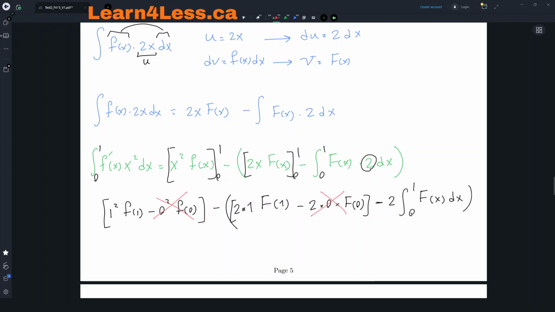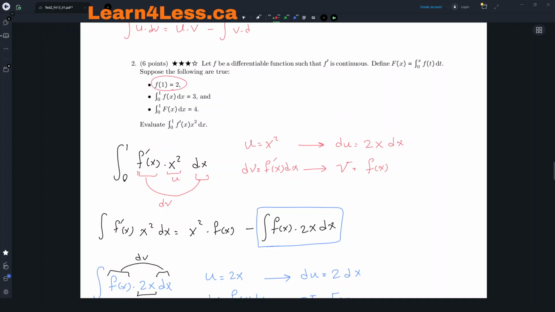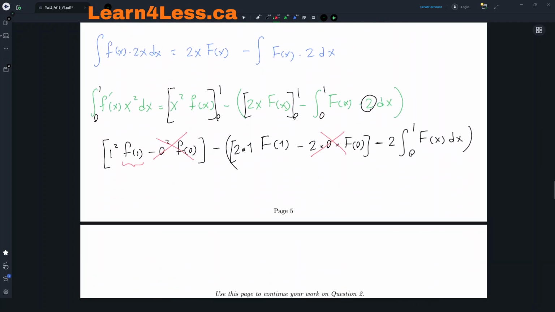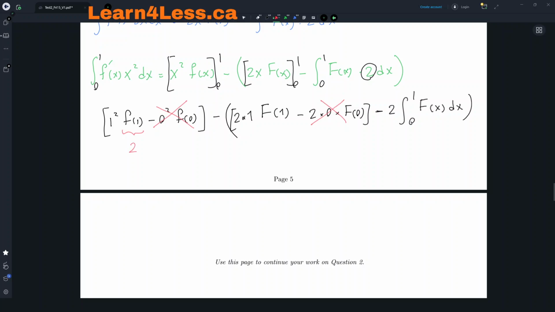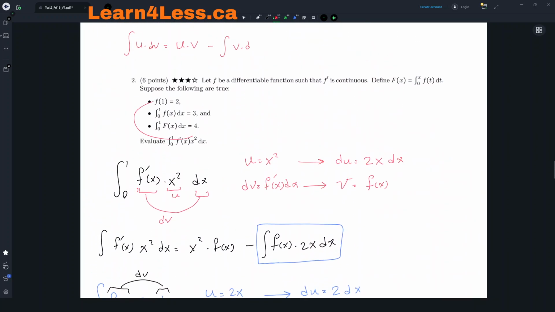And that's it. So what we need is f of 1. Let's see if that information is provided. Yes, f of 1 is 2. So I can simply plug in 2 here. What else do I need? I need capital F of 1. The capital F of 1 is not provided here, but let's see what that is. The capital F of 1 is this function when I plug in 1 for x.